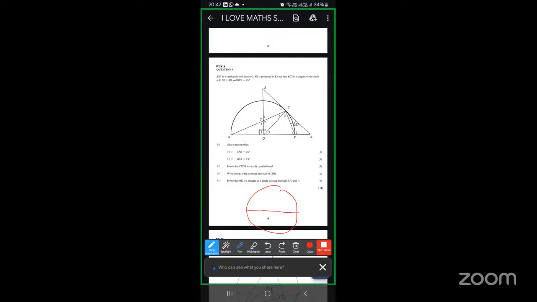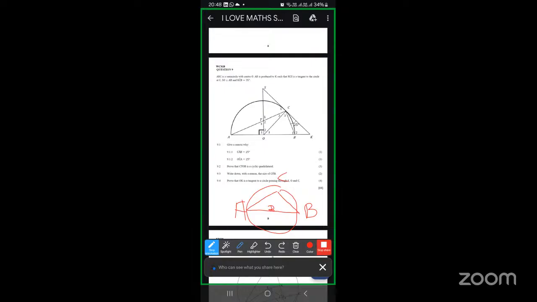I've got my diameter here, right? Yes. This is A, not H. B, my diameter is AB, right? Yes. And then we have got an angle there, C. This is the point O, the center.